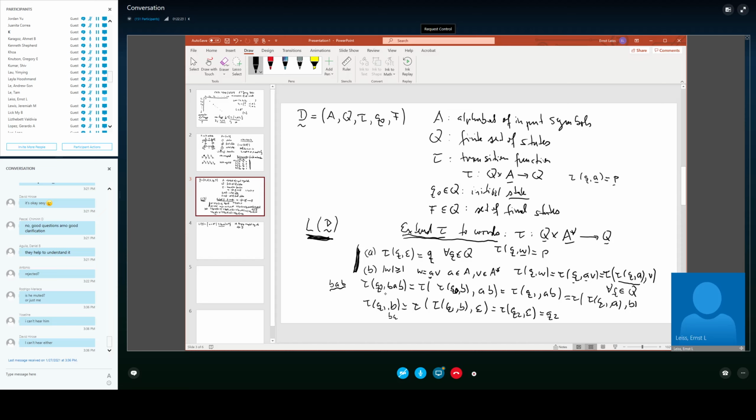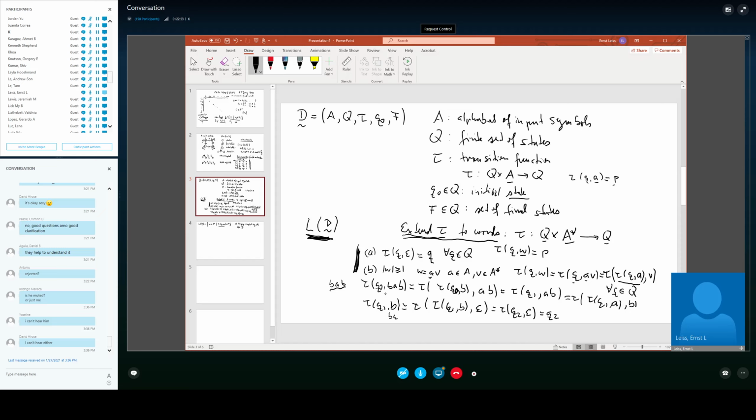The only thing that terminates that sequence of taus is the basis case, and the basis case is only defined for epsilon. That's why we have to go through that rigmarole of writing B as B concatenated with epsilon, and then splitting that B off, and then get tau of Q1 and B comma epsilon, and then tau of Q2 and epsilon, Q2.